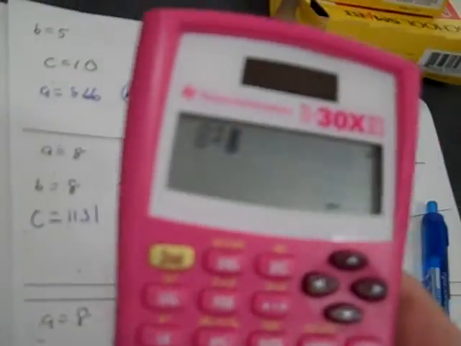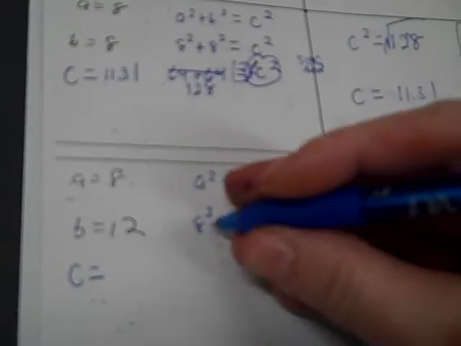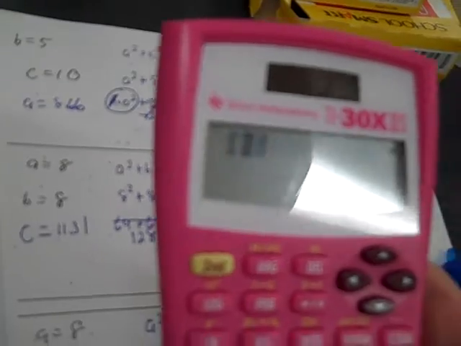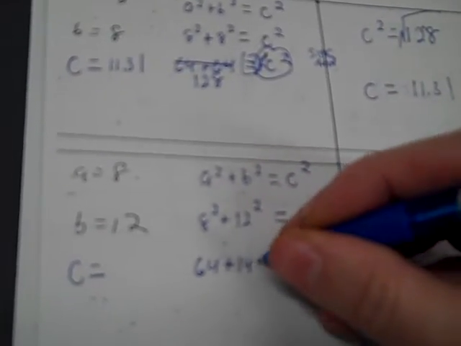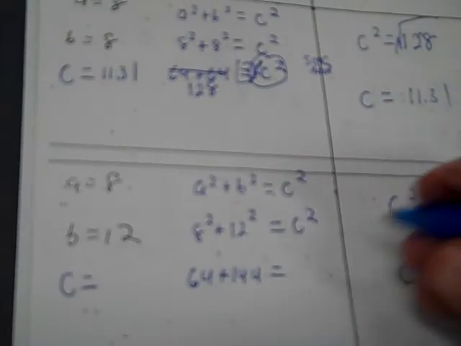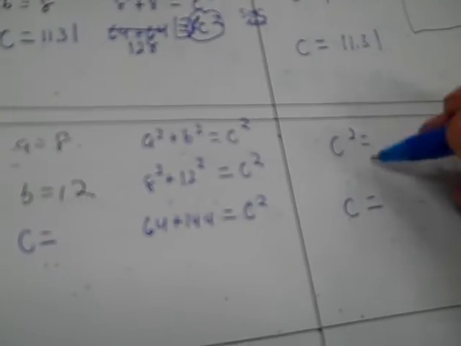So I get rid of as many second powers as I can. 8 second, 64. 144. And I don't know my C, so that's what I'm trying to figure out over here.